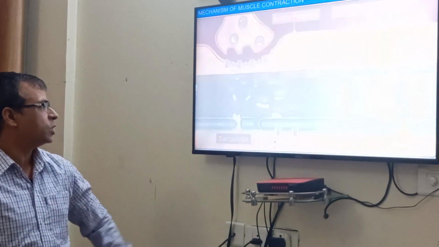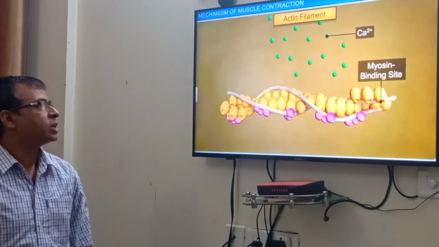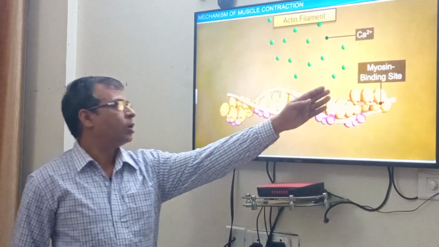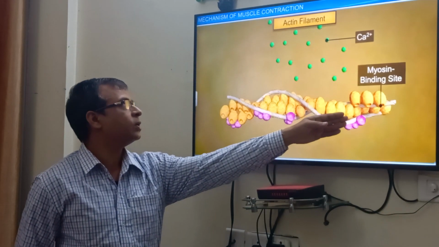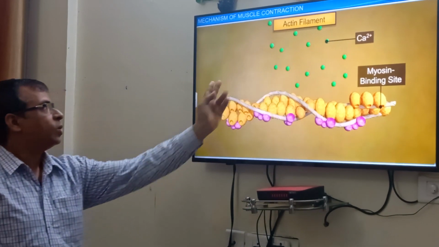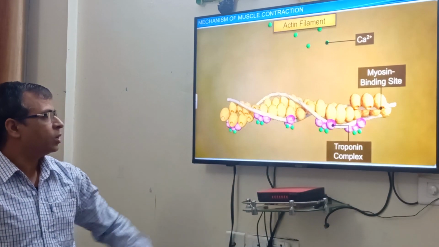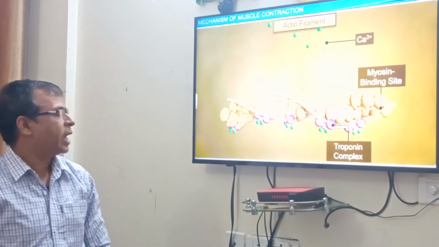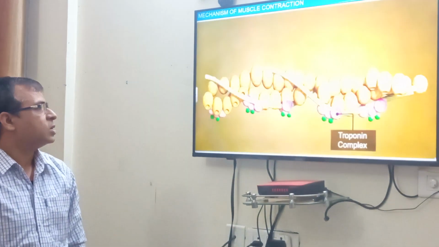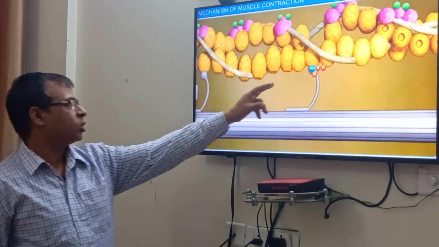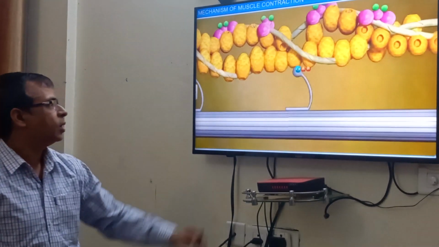These are the myosin binding sites here. This calcium ion attaches with the troponin complex, and there the cross bridge formation happens.